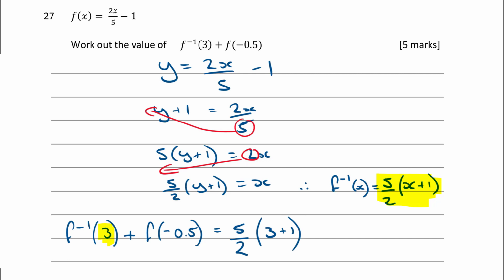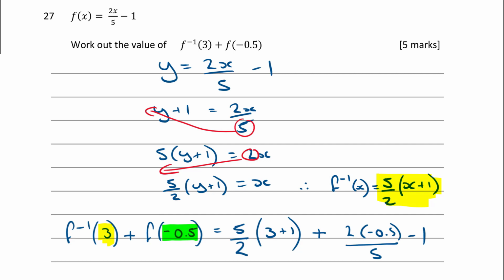Okay, and now obviously that can simplify a bit in a minute, but I've got a bit more to do. Plus, I'm now going to take this minus 0.5 and sub it into our original equation, f of x equals 2x over 5 minus 1. So 2 lots of negative 0.5 divided by 5 minus 1.